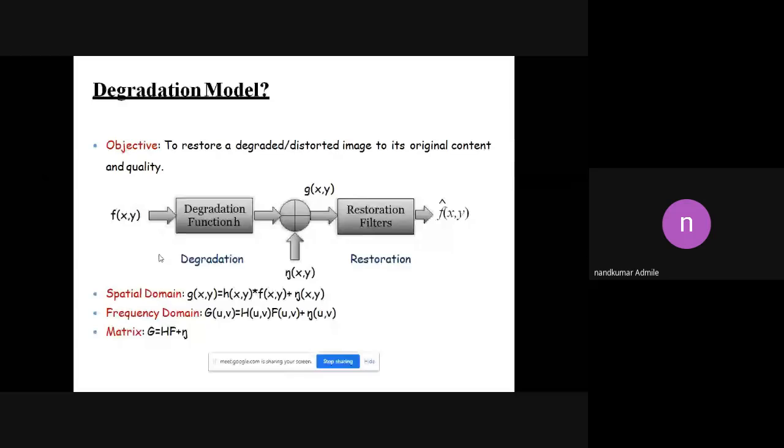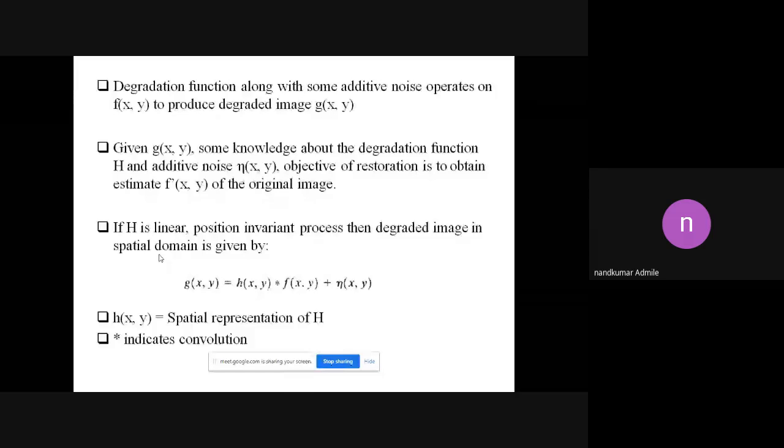In a degradation model, we require the knowledge of the spatial domain, the frequency domain, and how to convert the spatial domain information into the frequency domain information. The x and y coordinates can be converted into the u v coordinates.